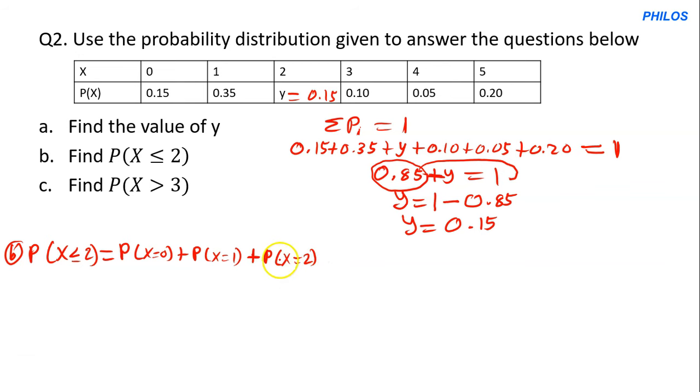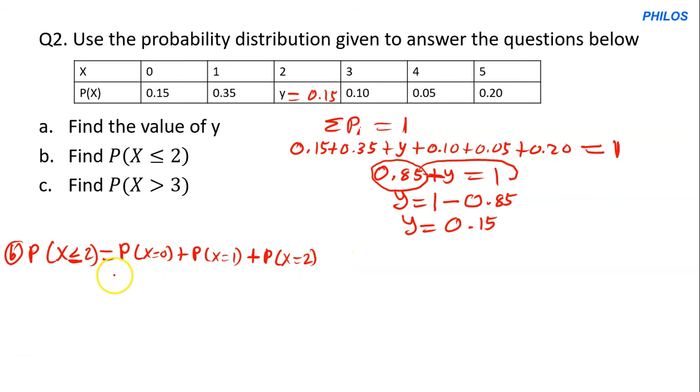The reason I include this 2 is that it says less than or equal to, so 2 should be part. If it says less than 2 without the equal to sign, you won't include 2 in it. But it says less than or equal to 2, so 0 or 1 or 2.